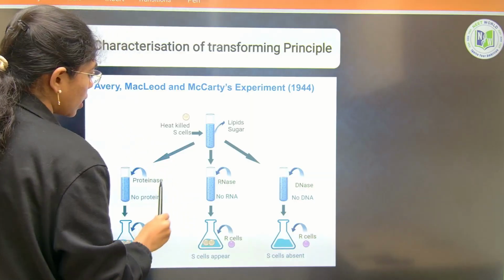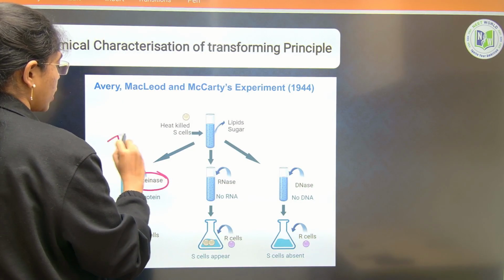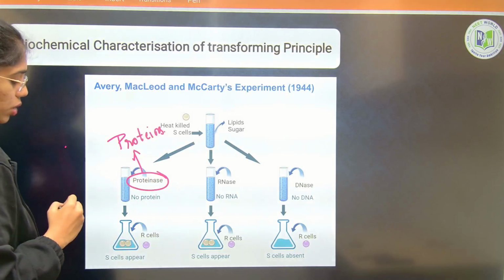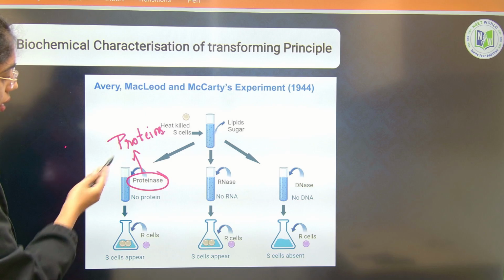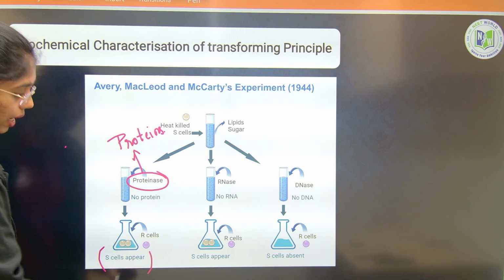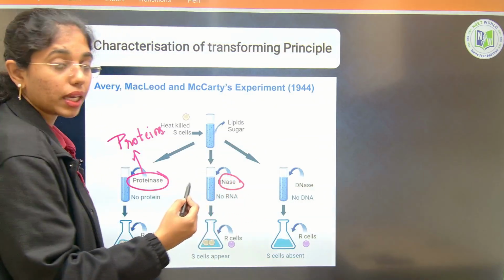In one of the test tubes, proteinase is added. Proteinase will digest proteins. So there is no degradation of the S strains here. S strains are appearing. And to the next test tube, RNase is added.